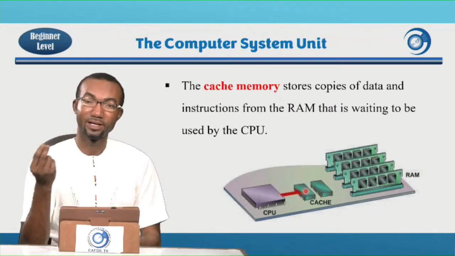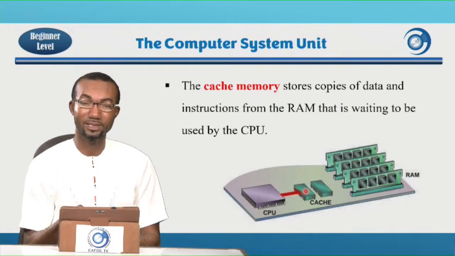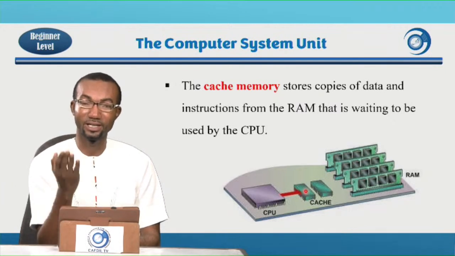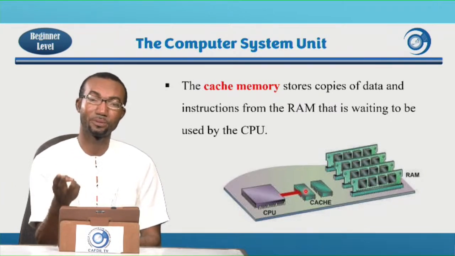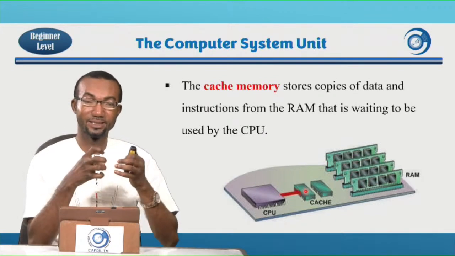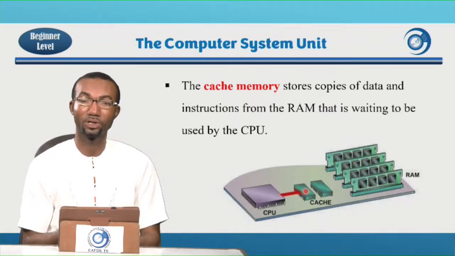So if data is released from the RAM, it will go to the cache. The control unit will make sure that the CPU is free now. Then the information or data will move from the cache to the CPU for processing. So there's an internal memory inside the processor, and we call that cache.